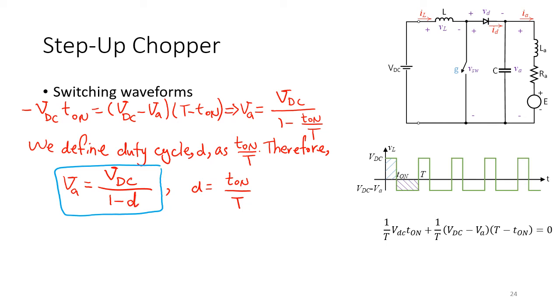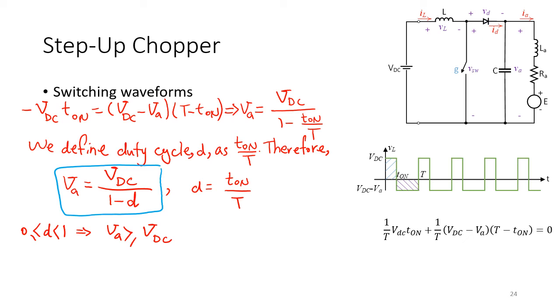So why are we excited about this converter? Because D for sure is between 0 and less than 1, so VA will be greater than or equal to VDC.